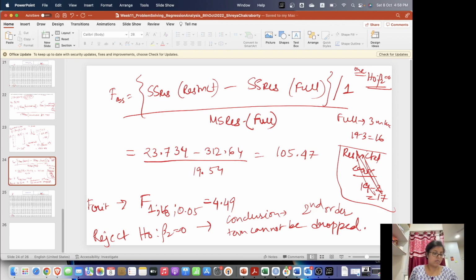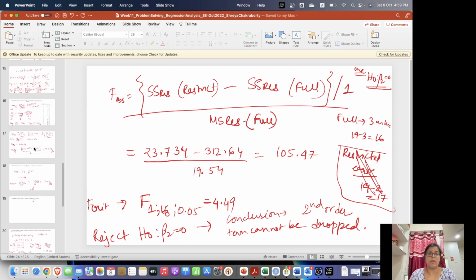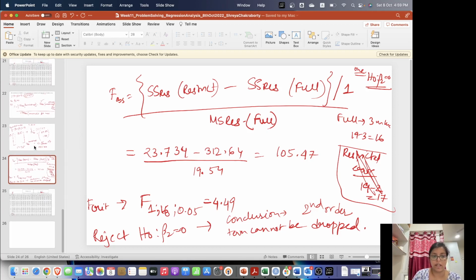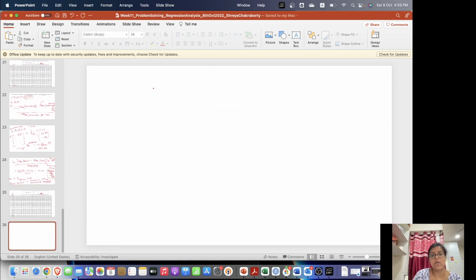Okay, so I am almost at the end of today's session. So yeah, this is only what I have for today's class. One thing I would like to say is that if you are going to fit an orthogonal model, just remember the basics.